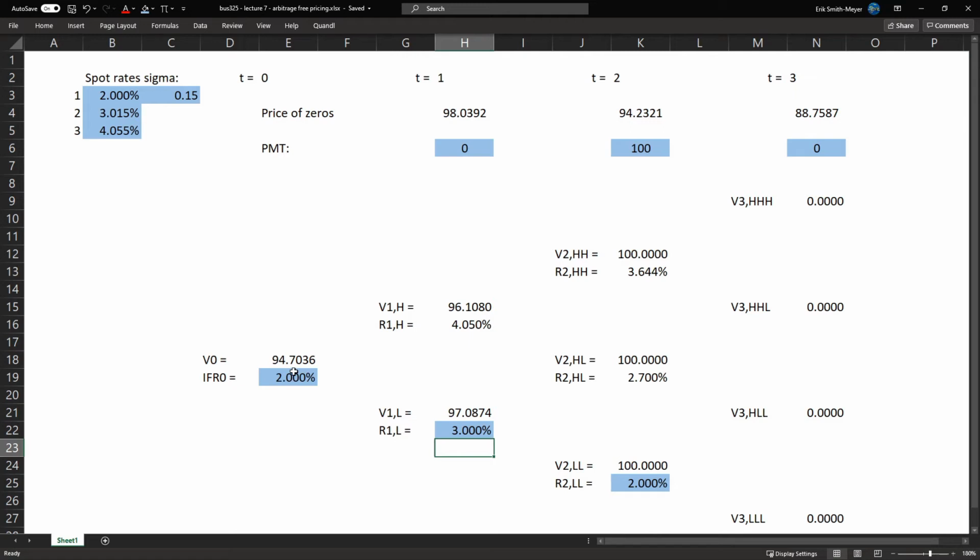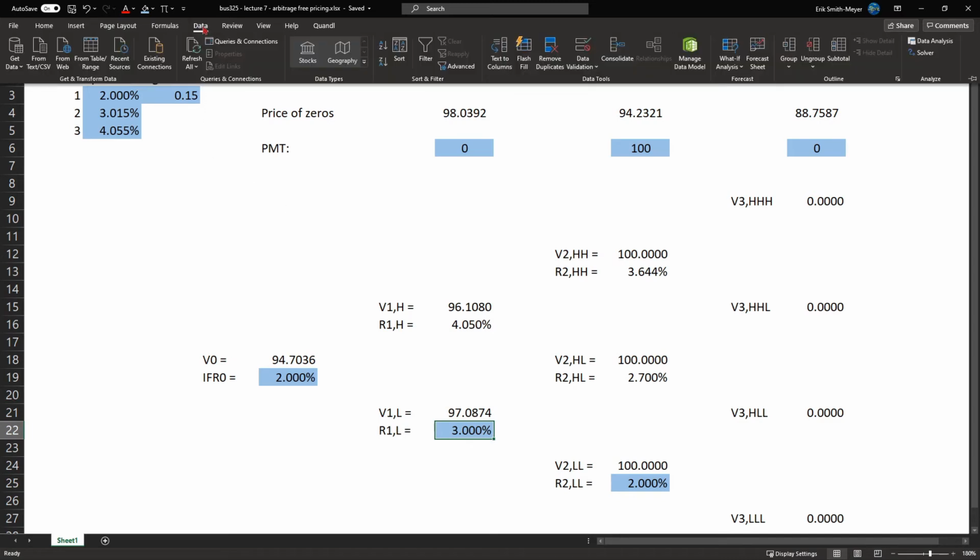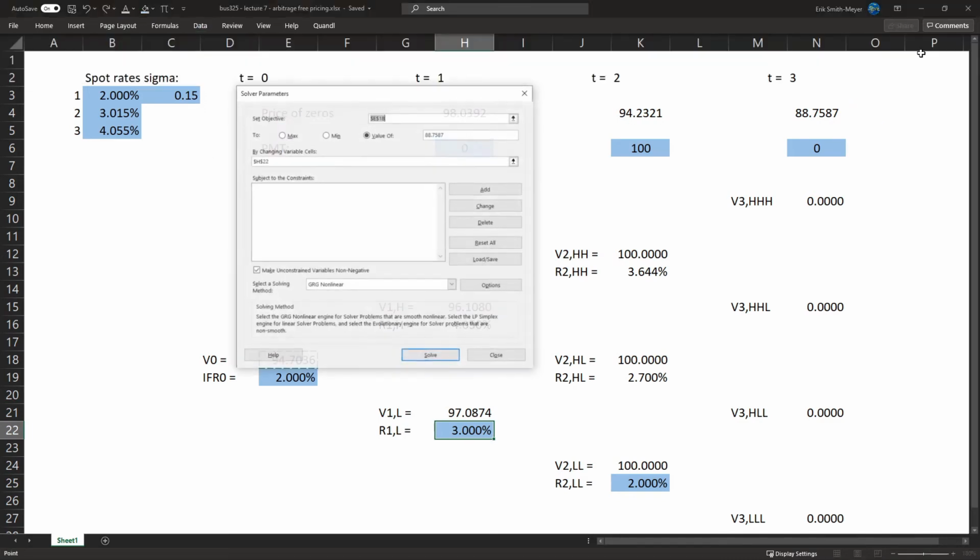Okay, so we see that this is much closer to the observed price in the market. However, we are going to use the numerical method, which just means basically we are guessing numbers in a systematic way. So now we have to use the solver in Excel.